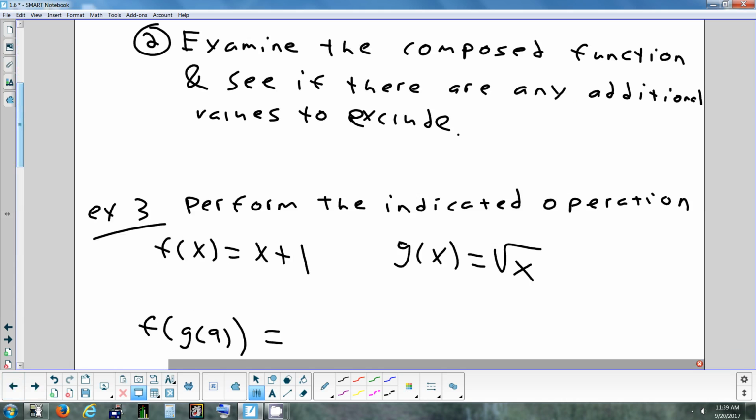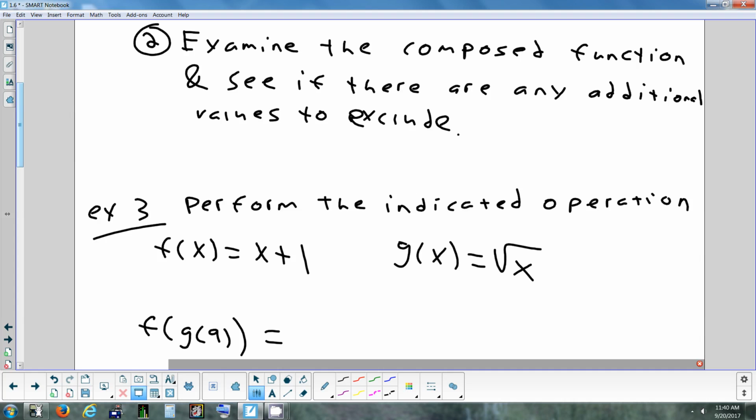All right. First one, does anybody have a question about how to evaluate something numerically? Like this is exactly the one I told you, g of 9, how you would do that? What would you do first there? Yeah, Mike? Replace all the x values in g of x with 9. Yeah. Look at g of x and replace x with 9, and then you get the square root of 9, which is 3.